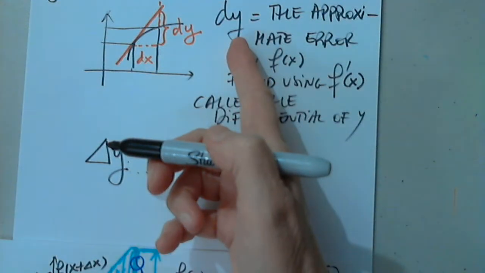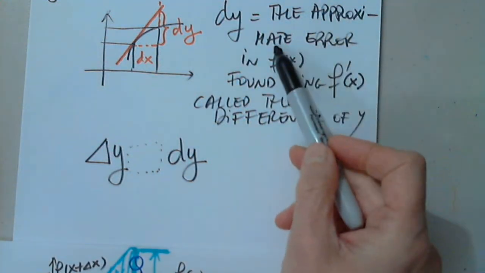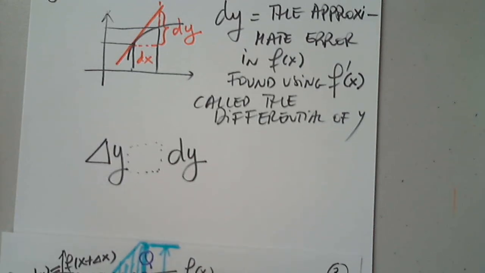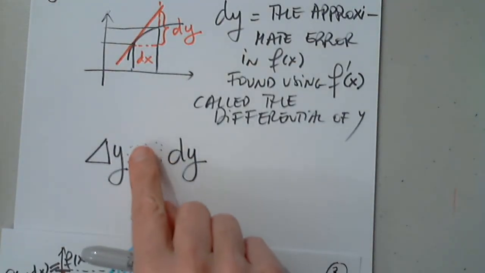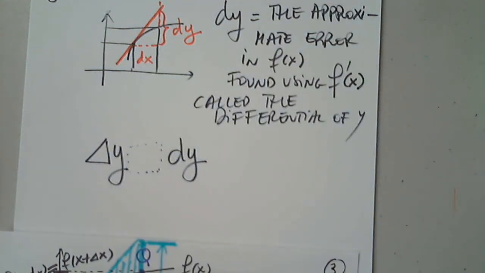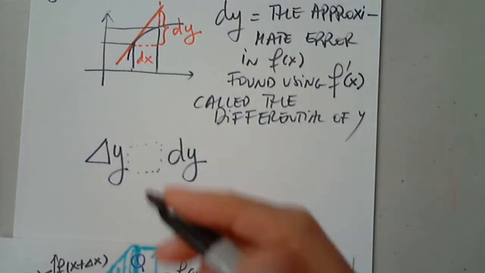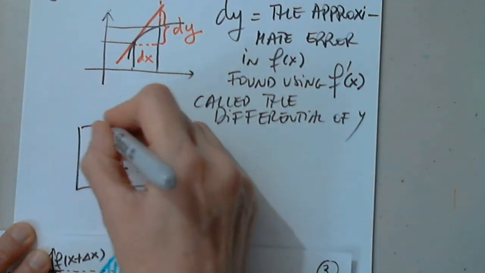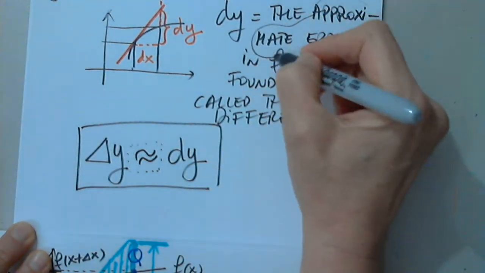If dy is the approximation of the exact error, what symbol? There is only one symbol that I can put in here. This is like the approximate symbol, yeah. Of course. That's the key word here.